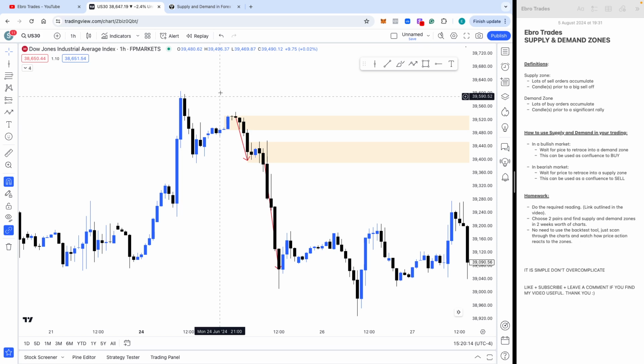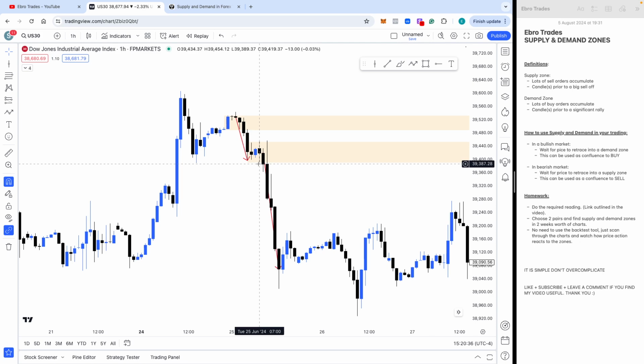I don't agree with that. So when we talk about supply and demand, we're talking about zones, areas, ranges of higher probability and lower probability. This is not fixed, not concrete, not binary, not black and white. It's all gray areas, it's all probabilities. It's just a matter of maximizing our probabilities to be profitable.